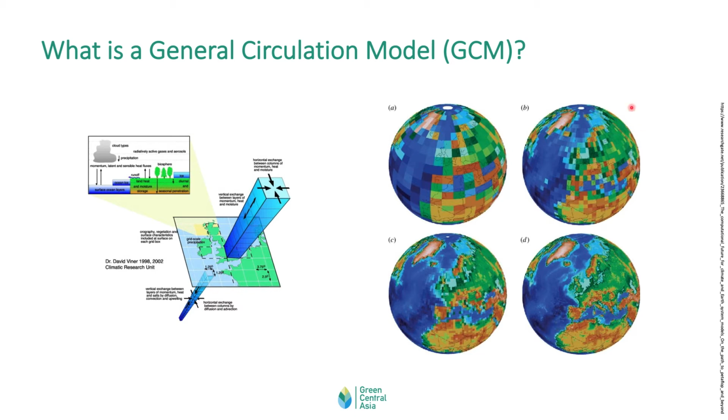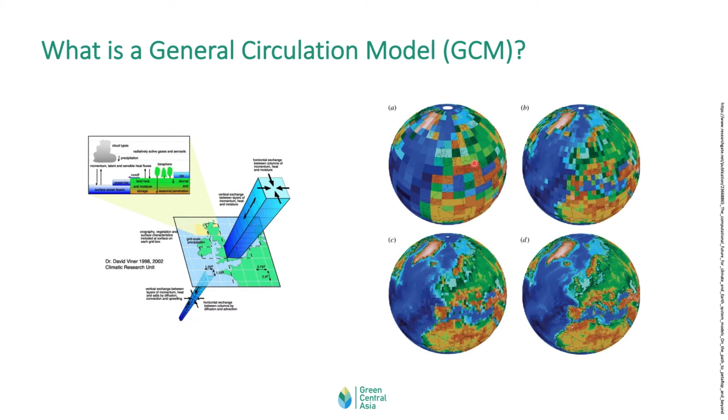The general circulation model tries to solve all these couplings of the components of the climate system, and they divide the globe into different boxes on which they solve the equations. They are called grid cells, and these boxes can go in different layers of the atmosphere and deeper in different layers of the ocean.